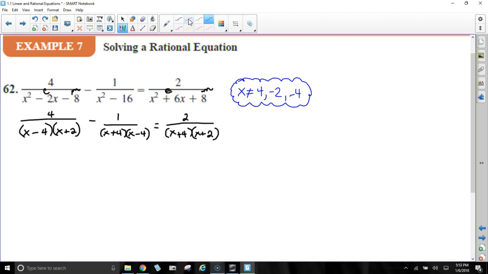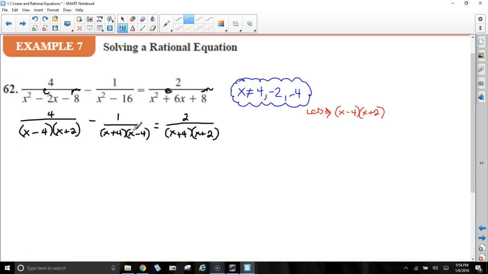The next thing we're going to do is figure out what the least common denominator is. Basically, what factors do we need to get these canceled out? Well, we need a factor of quantity x minus 4 to be able to reduce that first factor. We need a quantity of x plus 2.